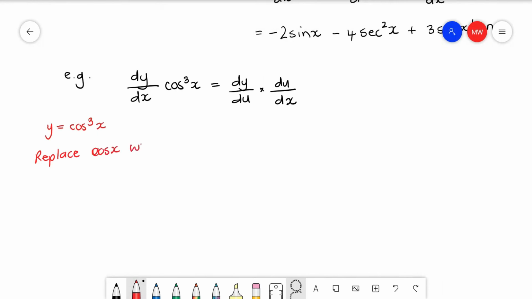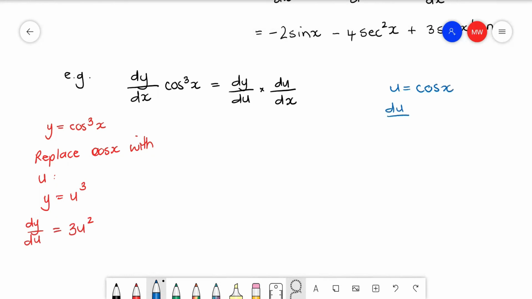So u is equal to cos x, and then we derive u cubed, so dy du is equal to 3u squared. And u is equal to cos x, so du dx is just negative sine x.